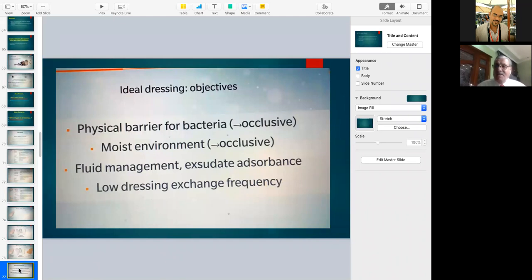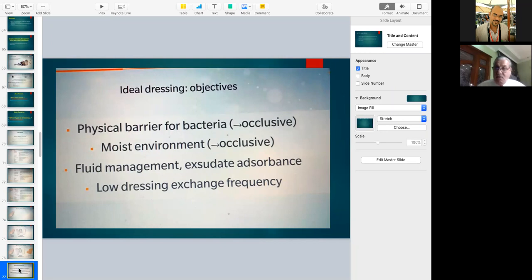It provides a moist environment. This is also by occlusion. And you think, does it provide these properties? And fluid management, exudate: if you put it on the skin, you see after 2 or 3 days there is a lot of fluid because it is coming out. It absorbs the fluid.